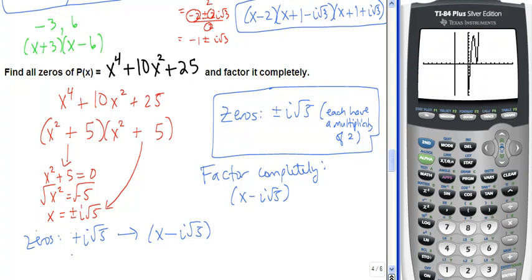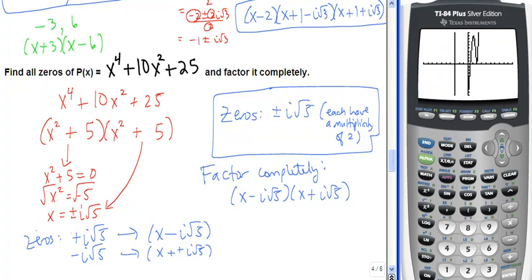Okay? If I wanted the minus case, minus i root 5, then what factor would I have to guarantee that? I would have to have x minus a negative i root 5, which becomes x plus i root 5. So these two, if I were to FOIL them out, you would end up getting back x squared plus 5.